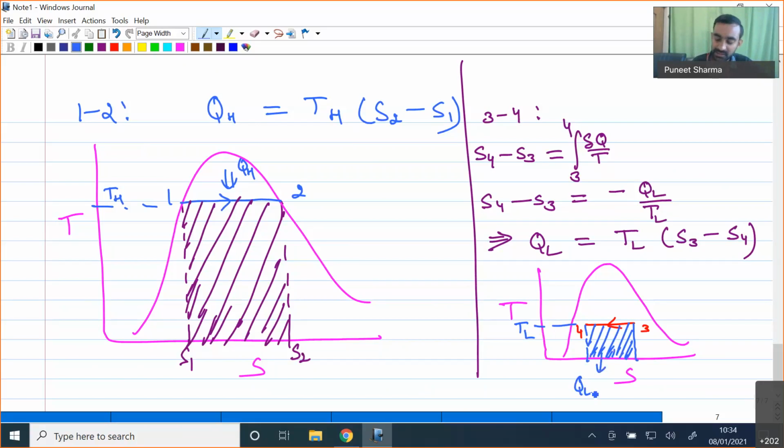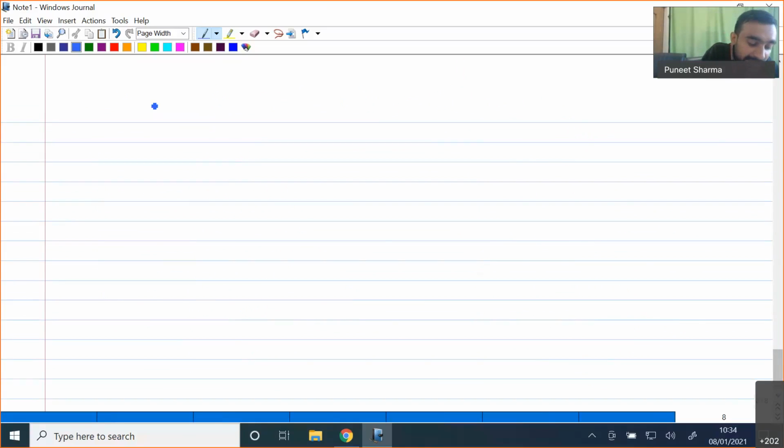So this is the QL amount of heat which has been rejected during this reversible isothermal process. Now we know from our first law of thermodynamics that work is equal to QH minus QL. That is the net amount of work done which we will be getting from our reversible Carnot cycle.